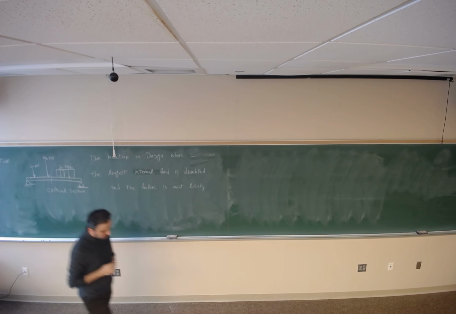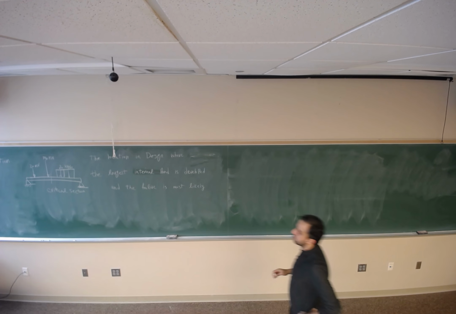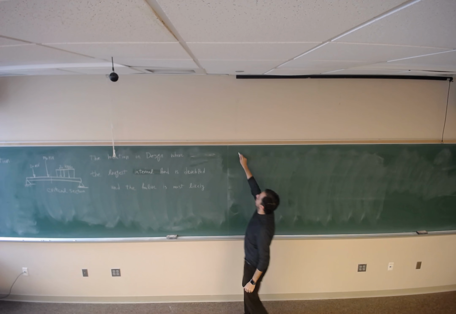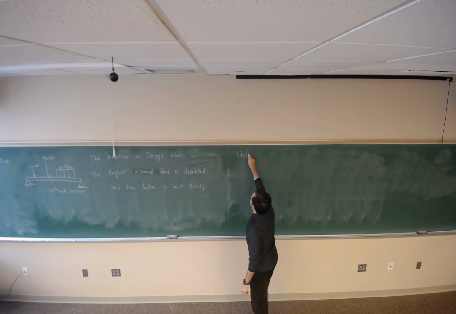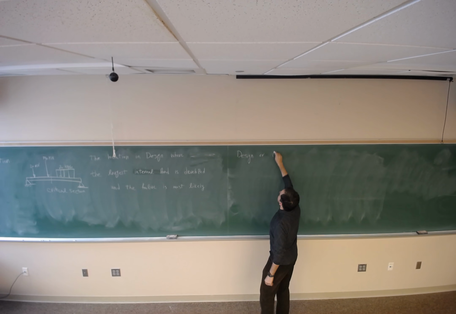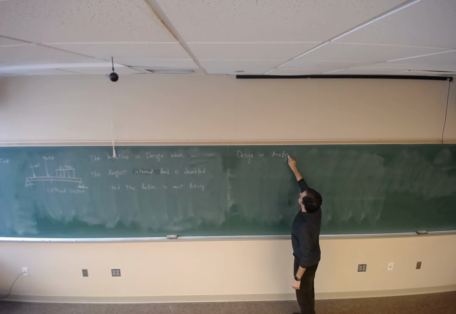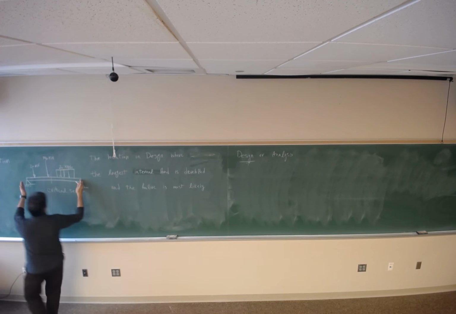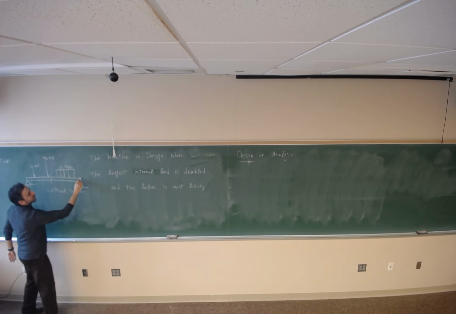When you are given a mechanical component like this beam, depending on the problem, you are either going to do design or analysis. Design means if the length of the beam is given, you are sizing the cross section.